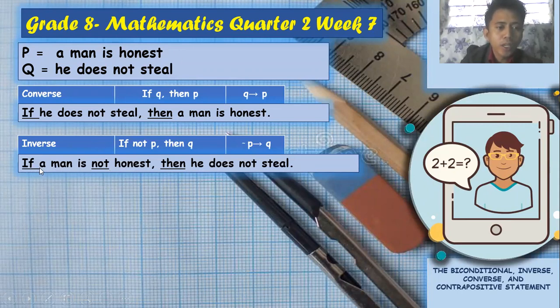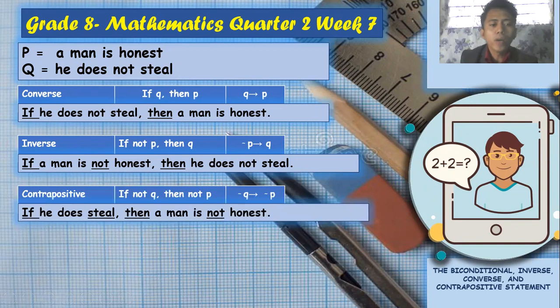After the word "if," a man is not honest, because that is the negation of P, followed by the word "then." Last is the Q. What is our Q? He does not steal. So by simply using the pattern of the inverse statement, we can conclude that the inverse statement is: if a man is not honest, then he does not steal. That is the inverse statement.